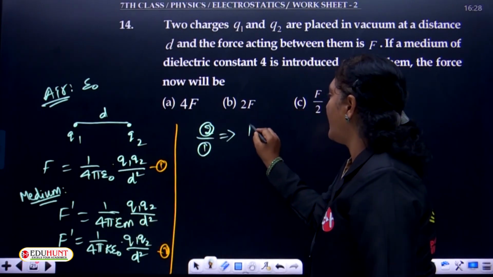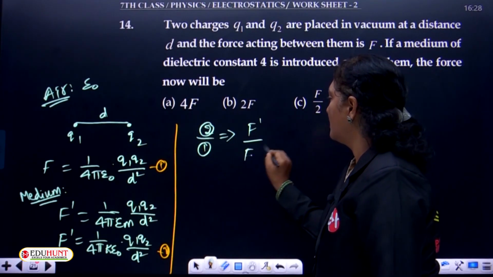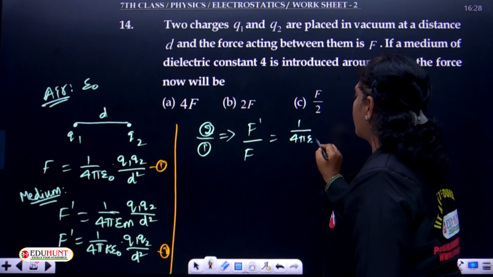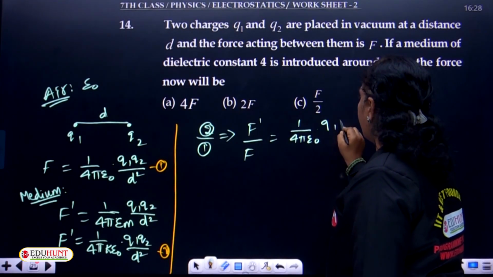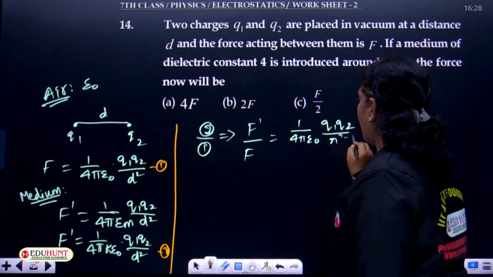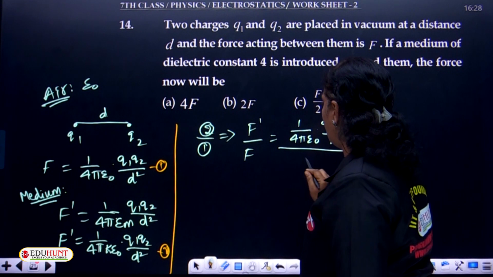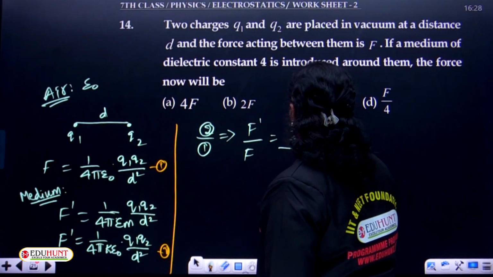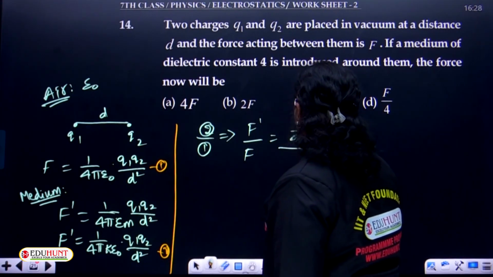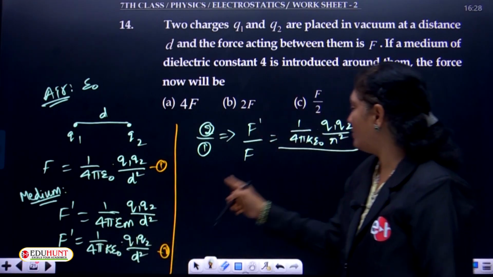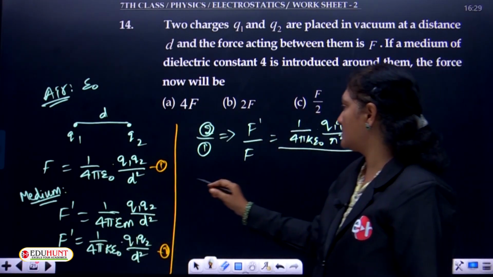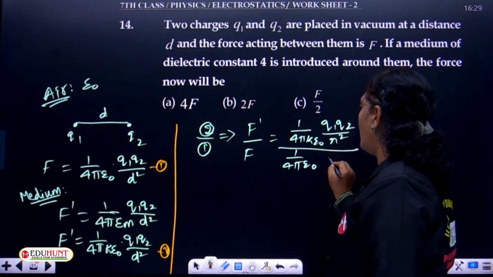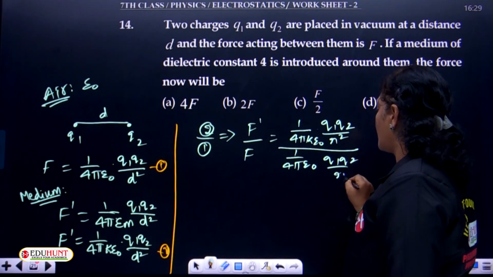F dash upon F equals 1 by 4 pi K epsilon naught Q1 Q2 by r square, whole upon 1 by 4 pi epsilon naught Q1 Q2 by r square.